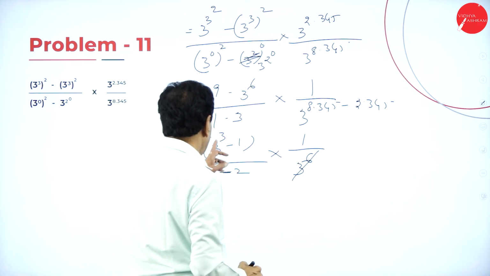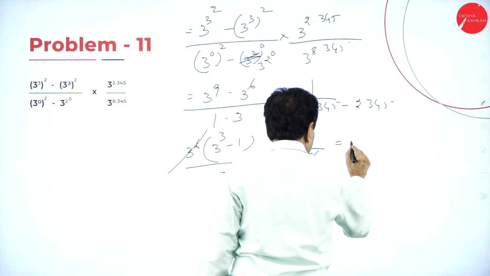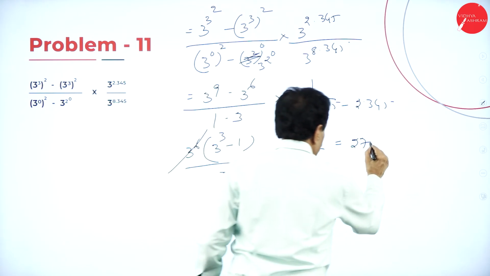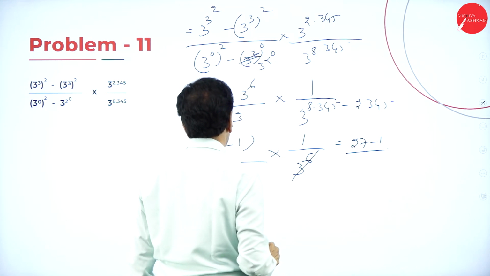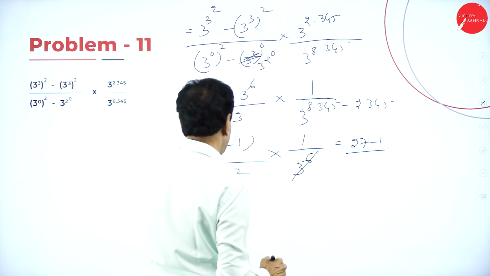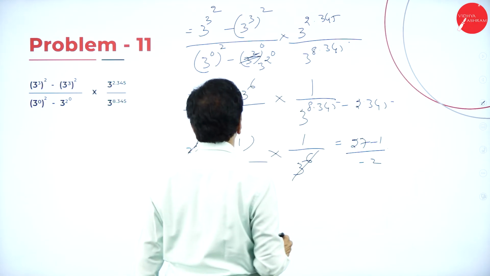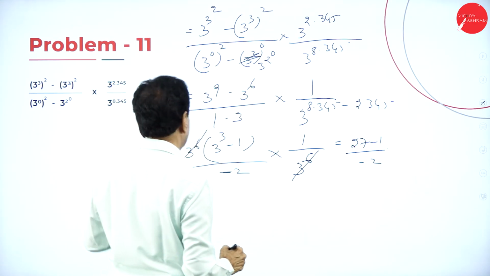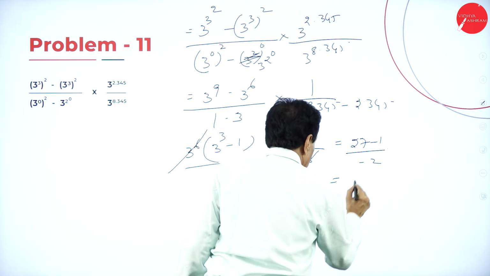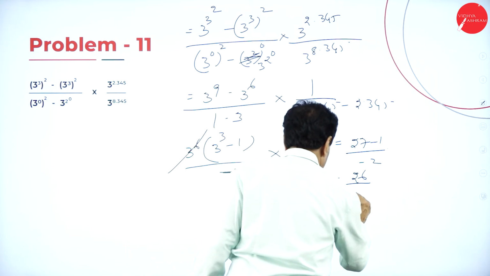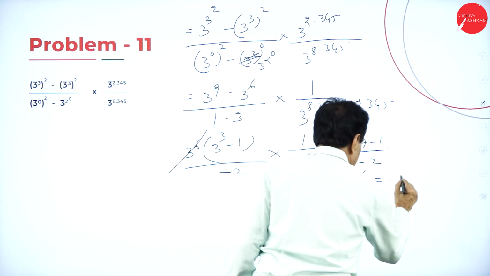Cancelled out. 3 cube is 27 minus 1 is 26. Here minus 2 is there. This is 26 minus 2, which is minus 13.